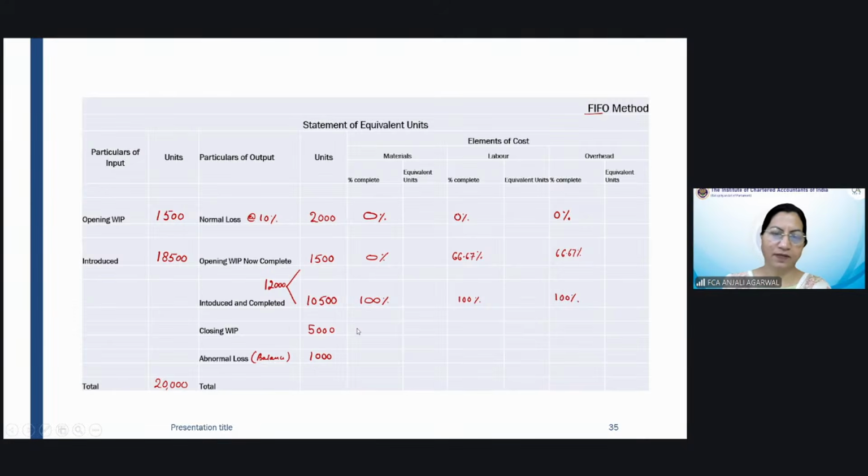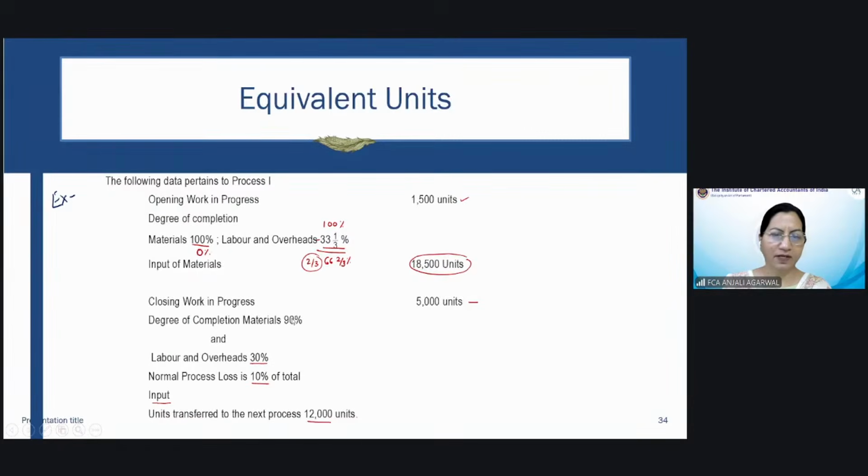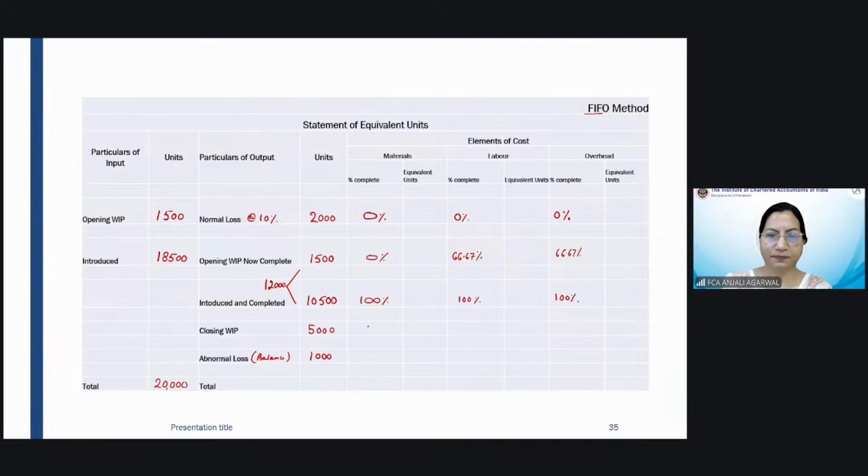Closing WIP, it's mentioned. Material 90, labor and overheads 30, 30. Abnormal loss, as no percentage loss of scrap is given, so 100%. Right? Now I think it's easy for you to calculate everything.